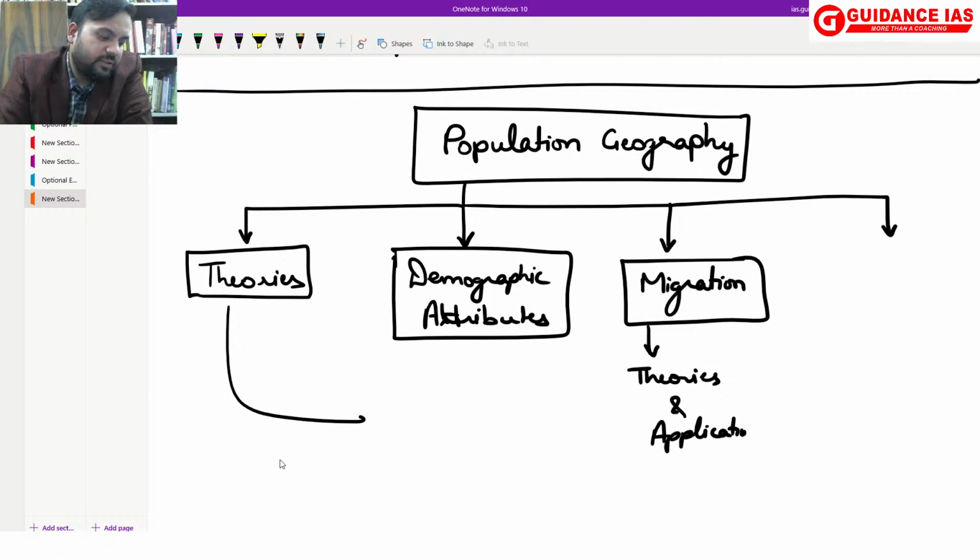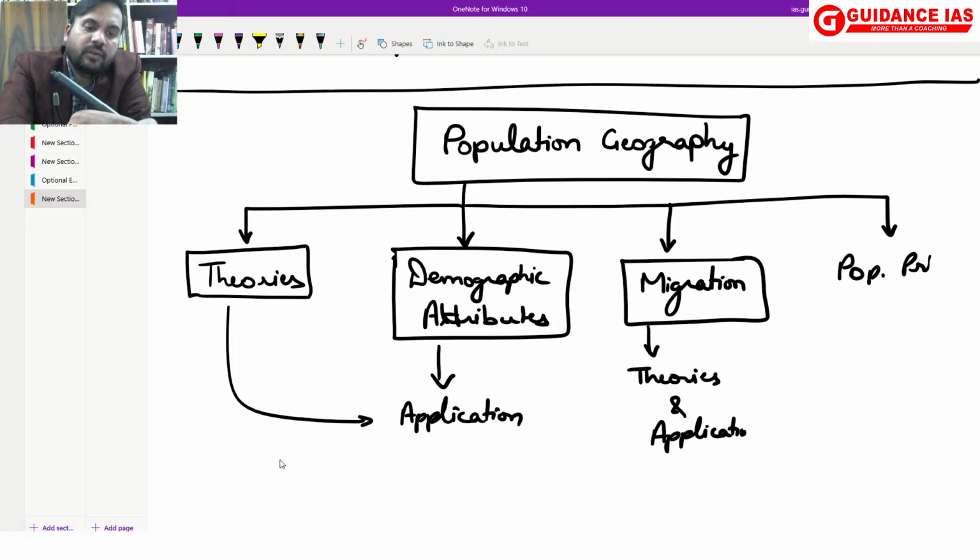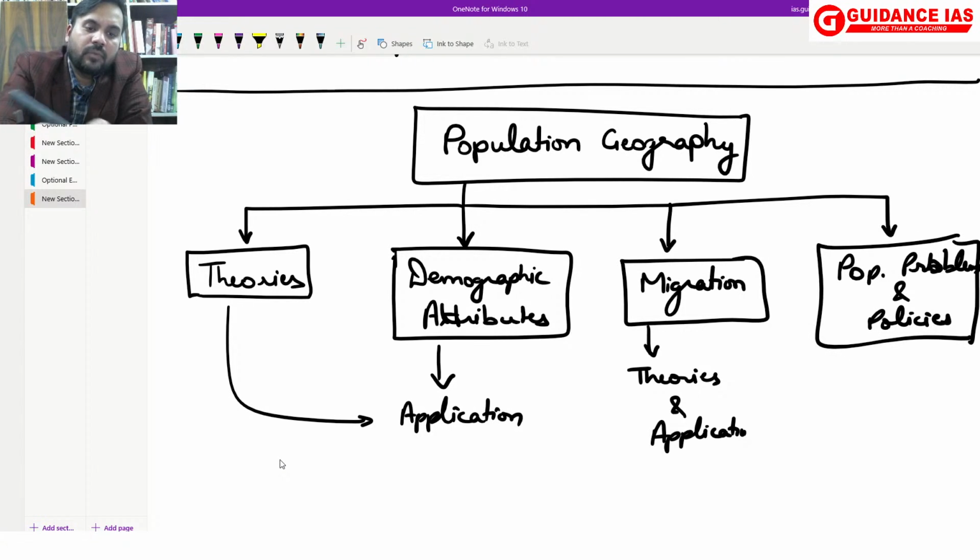These theories we will apply to understand the demographic attributes. And last but not the least is population problems and policies. In this, so many topics are there.